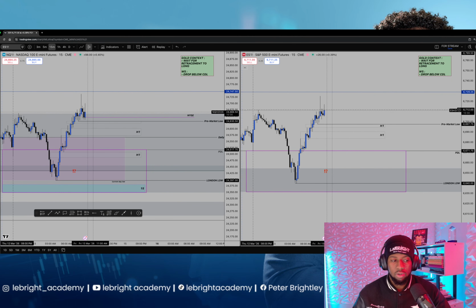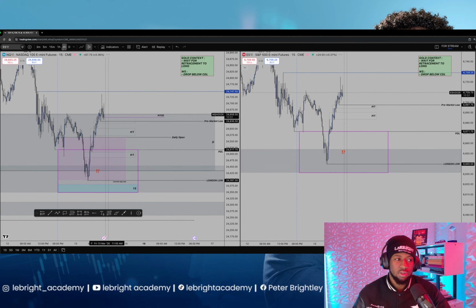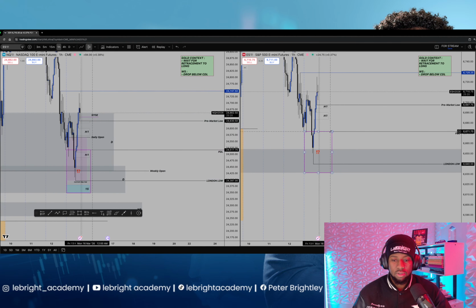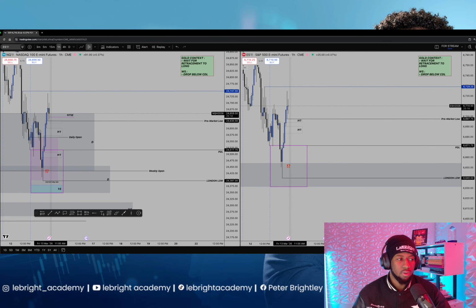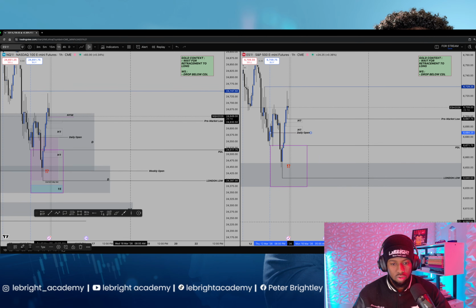Well, that will have an impact on the structure if we have a big drop and we can close below the opening of the day, because remember I told you that I don't want to see price close below the daily open in time frames like M15 or 1 hour.